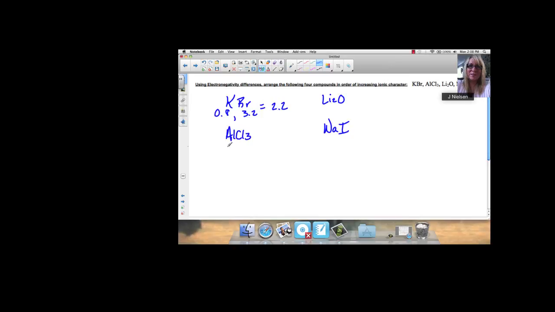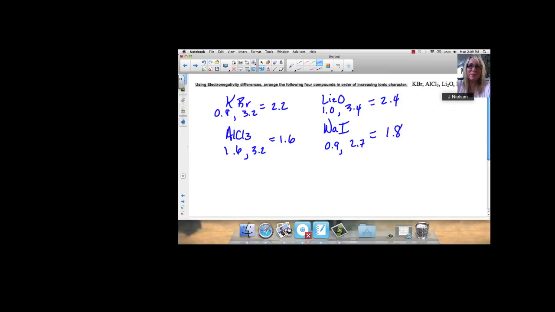For Al, I've got 1.6, and for Cl, I've got 3.2, so that gives me a difference of 1.6. For Li2O, I've got Li is 1, and oxygen is 3.4, so that gives me a difference of 2.4. And for the last one, I've got 0.9 and 2.7, which gives me a difference of 1.8.